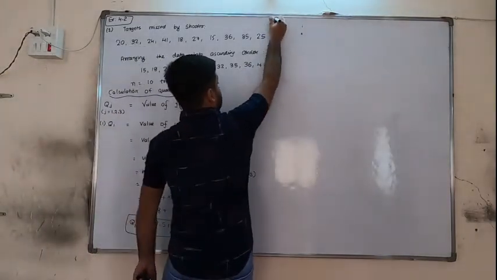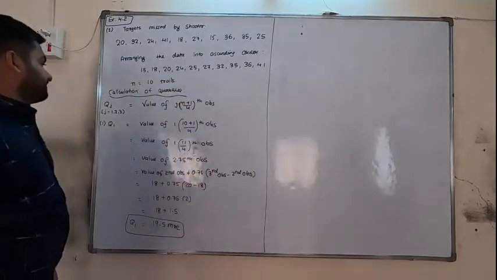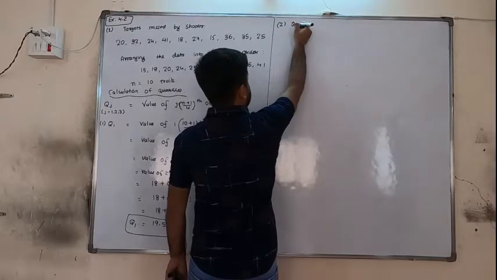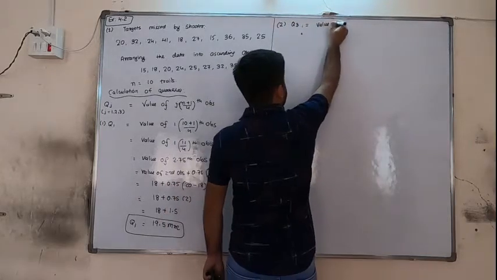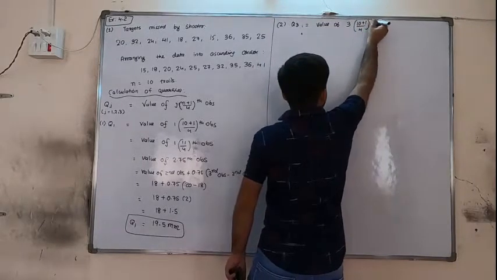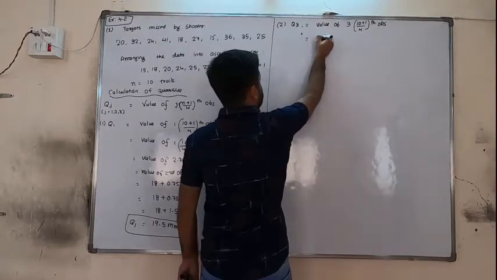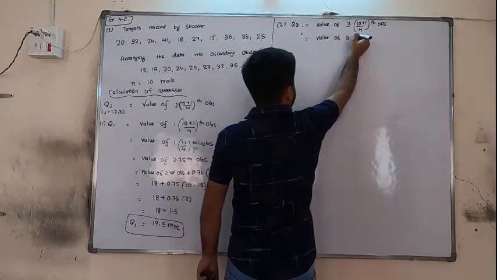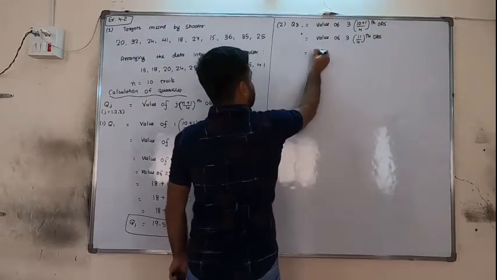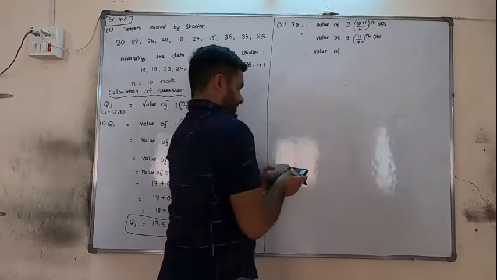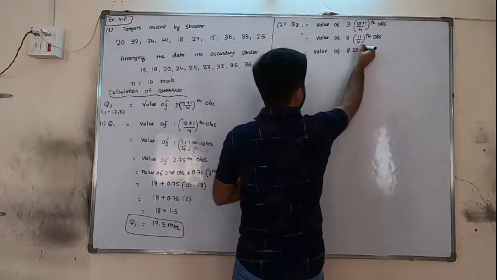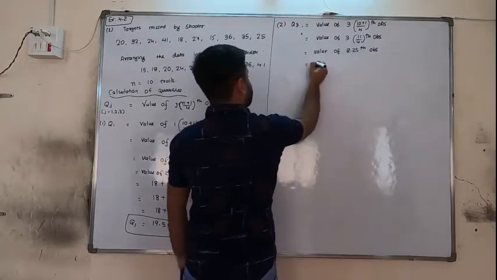For that you have to know the little concepts. Now the second calculation is Q3, equal to value of 3 times (10 plus 1) divided by 4th observation. That is 11 by 4 into 3, the 8.25th observation. So how will you write?